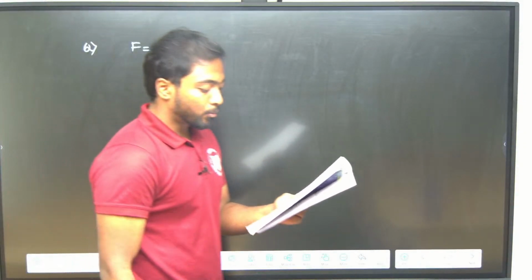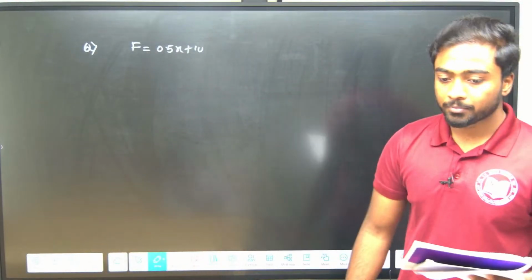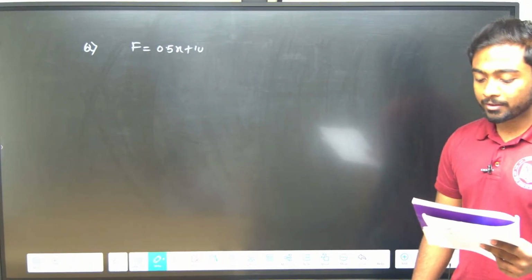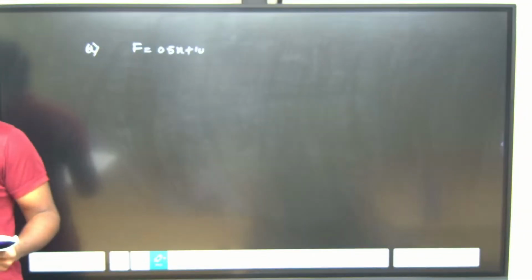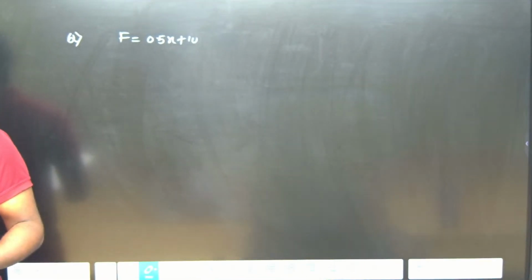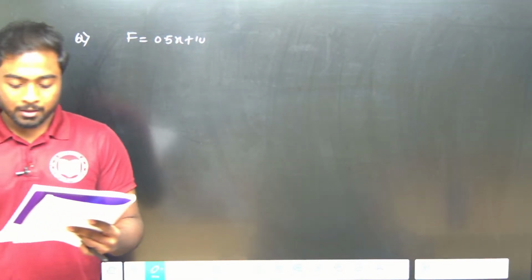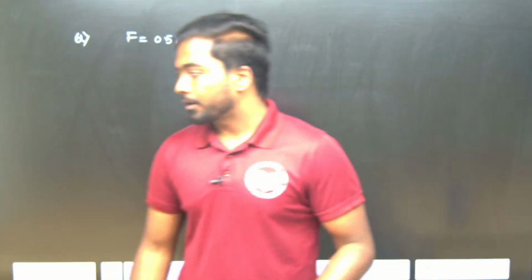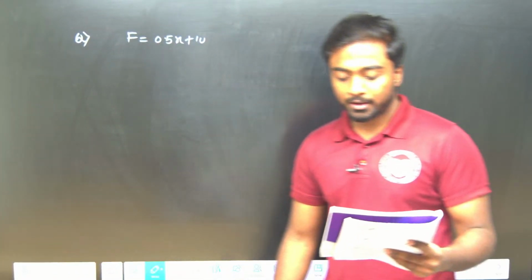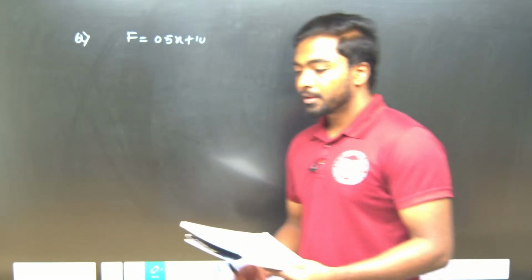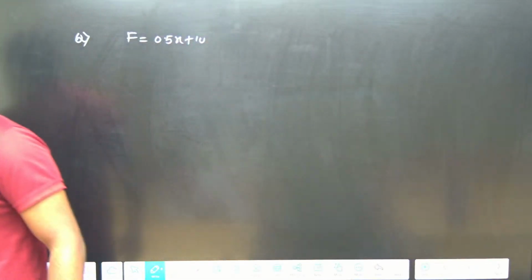Here F is in Newton and x is in meter. Calculate the work done by the force during the displacement of the particle from x equals 0 to x equals 2 meter.